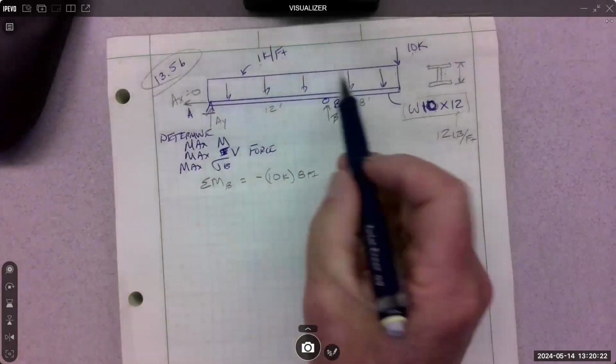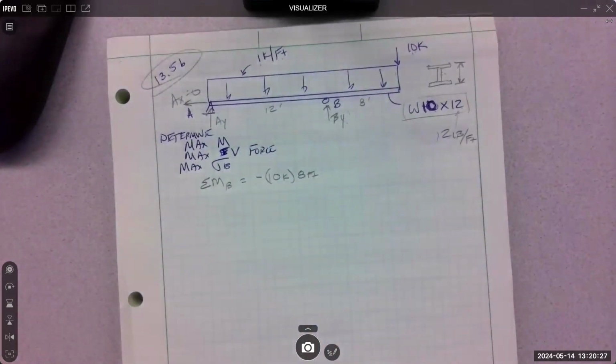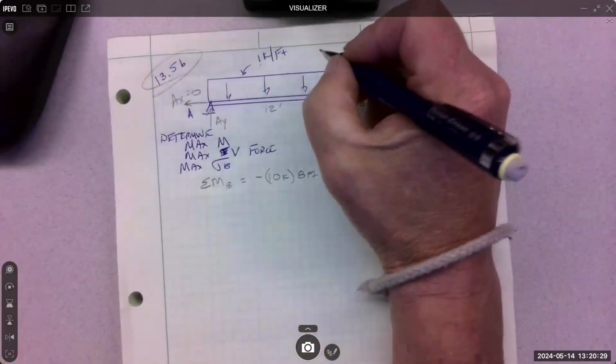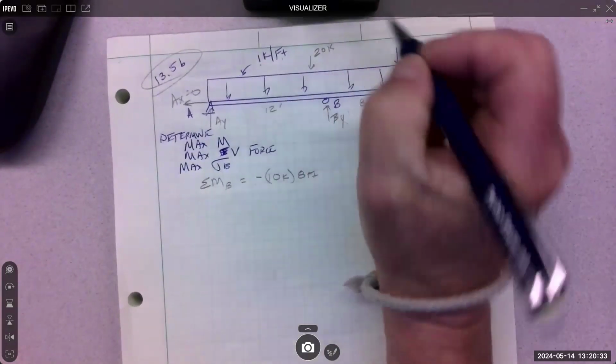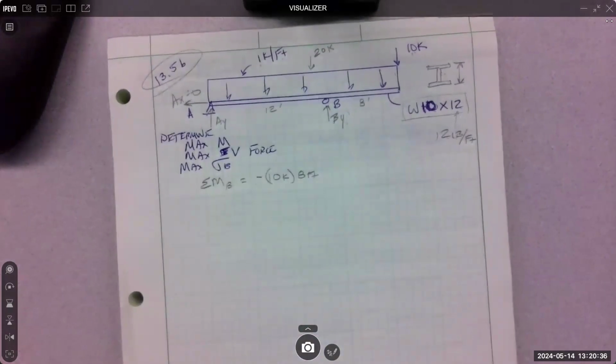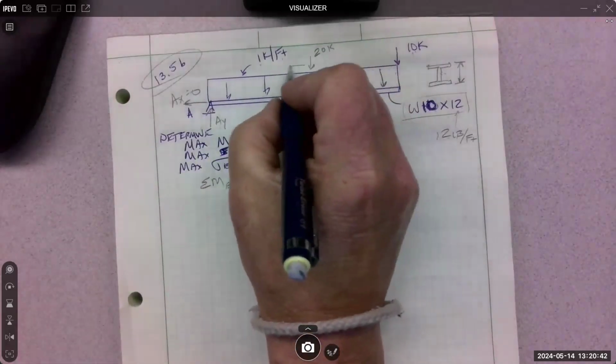And then we have to deal with this distribution. How do we do that? Concentrate it. 20. Yep, 1 times 20, 20K. And at the halfway mark, which is 10 feet, it's 10 feet from here.